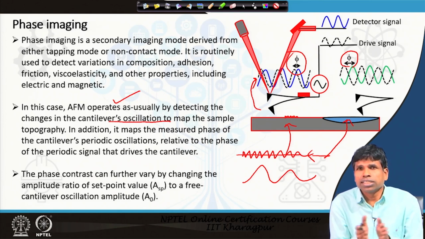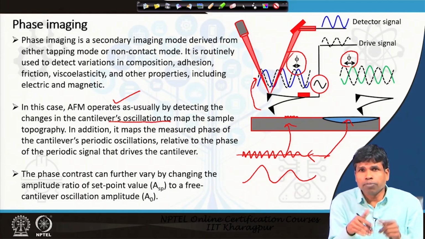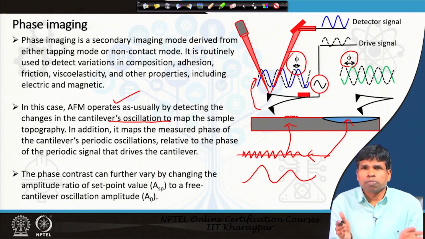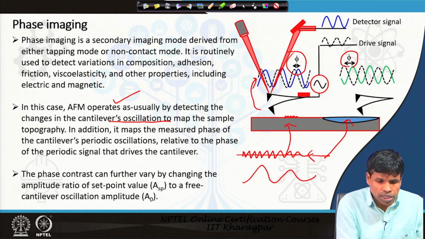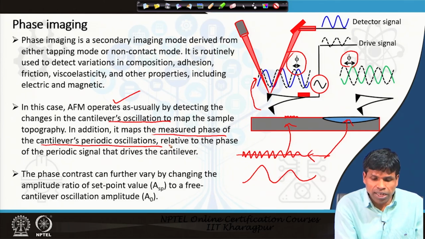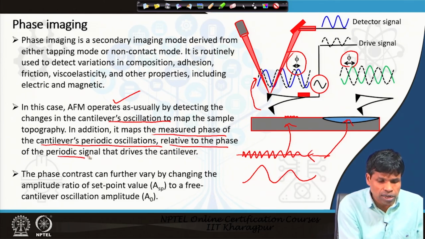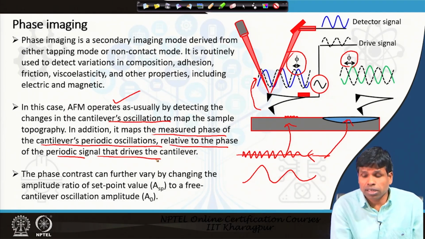That is used to create the topography, but in addition to the amplitude changes, there is also a change in the phase of the oscillation, and that phase is used for phase measurement. So, in addition to mapping the topography, it may also measure the phase of the cantilever periodic oscillation relative to the phase of the periodic oscillation that drives the cantilever.